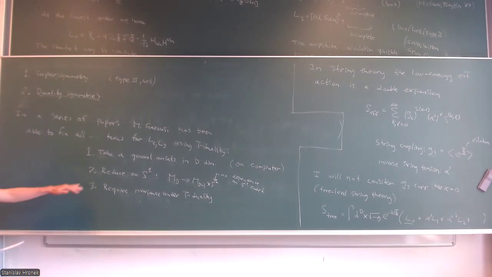Okay, and he showed that this uniquely fixes the answer, uniquely up to all the stuff you can do: integrate by parts, use Bianchi identities, do field redefinitions. Up to that, it uniquely fixes the answer in 10 or 26 dimensions. Okay, so it seems we're done.